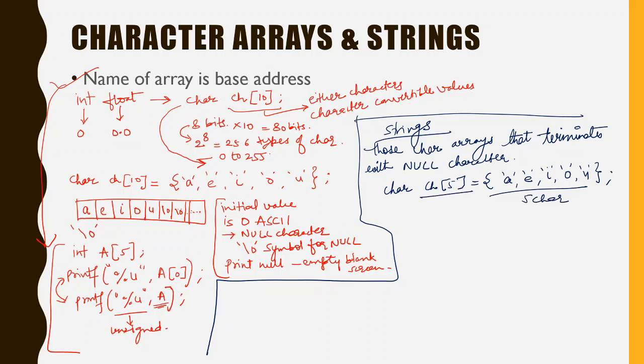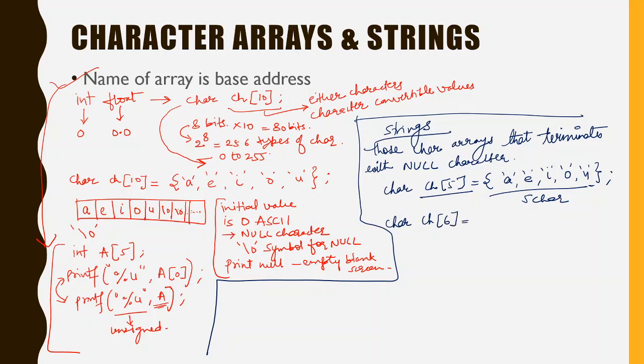So it is a character array with 5 elements, but it is not a string. Why is it not a string? Because the last element of a character array, for it to be a string, should be a null character. Let us see this example.